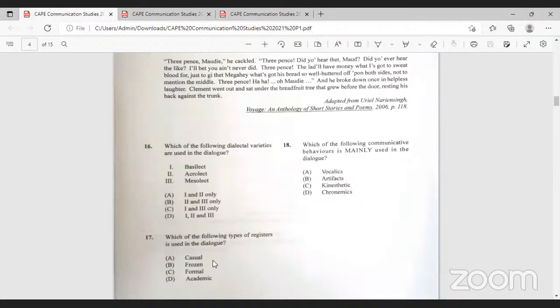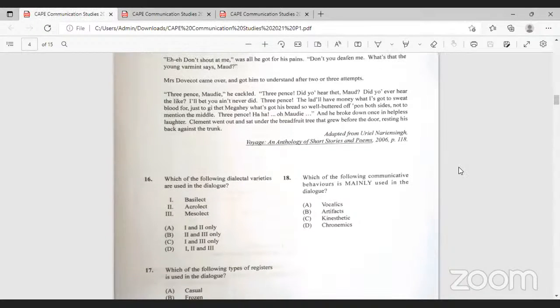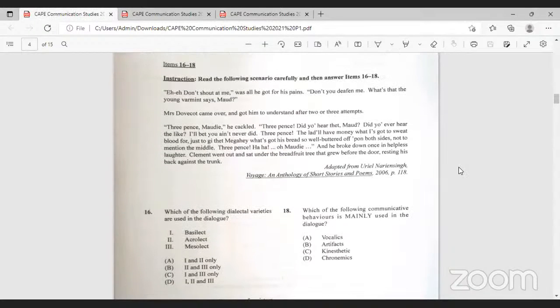17, which of the following types of registers are used in the dialogue? Casual, frozen, formal, or academic? It should be straightforward. 17 is A. Okay. 18, which of the following communicative behaviors is mainly used in the dialogue? Vocalics, artifacts, kinesthetics, or chronemics?